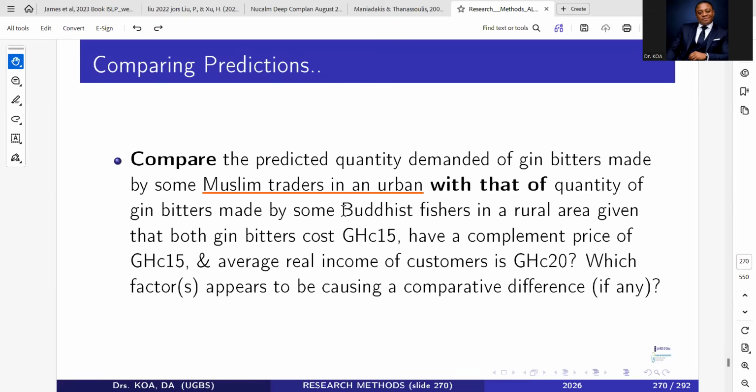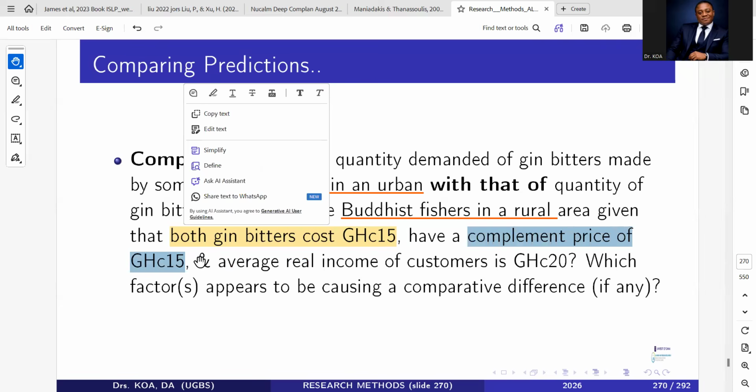And then it says that in both situations, the gym bitter costs 15. So he's telling you that the prices are not different in the 2 scenarios. Also, the complement price is 15.